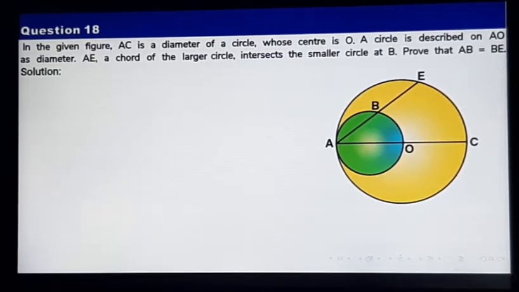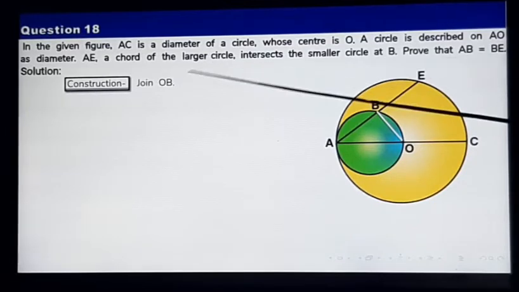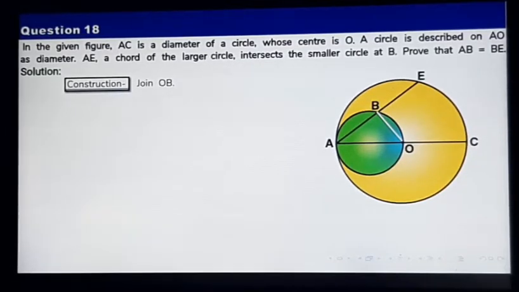Is that clear? Before I do that, let us do some construction. I am joining BO. So the construction says join OB. Now let us observe this smaller circle. AO is the diameter, and the diameter divides a circle into two semicircles.